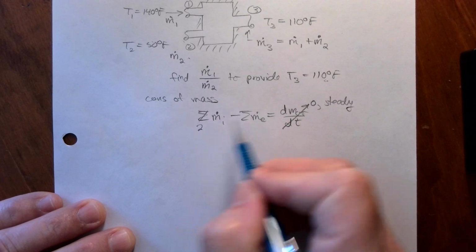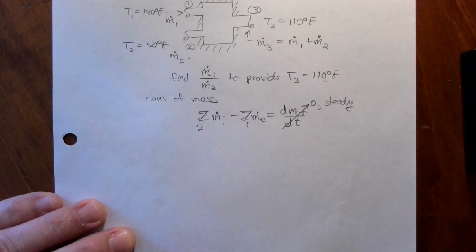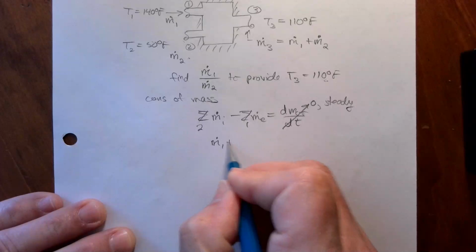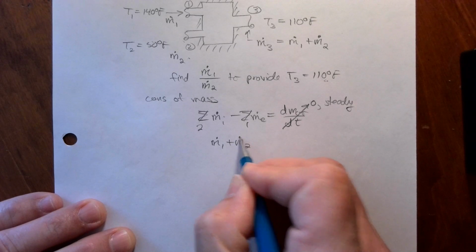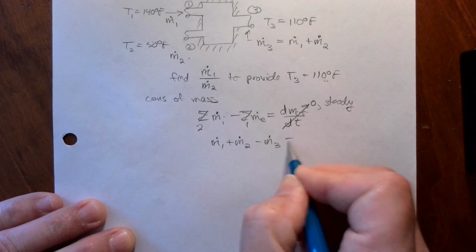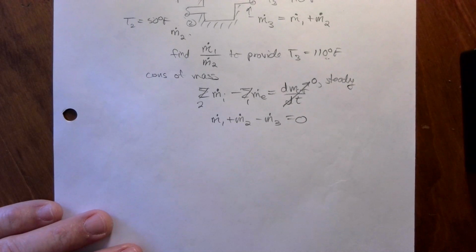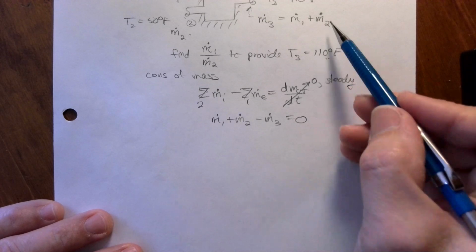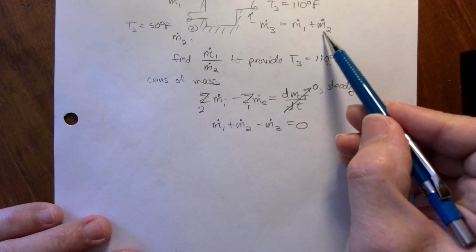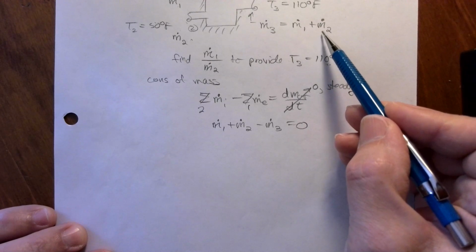There are two inlets in this case, and one exit. So m dot 1 plus m dot 2 minus m dot 3 equals 0. That's where we already came up with a logical explanation up above.